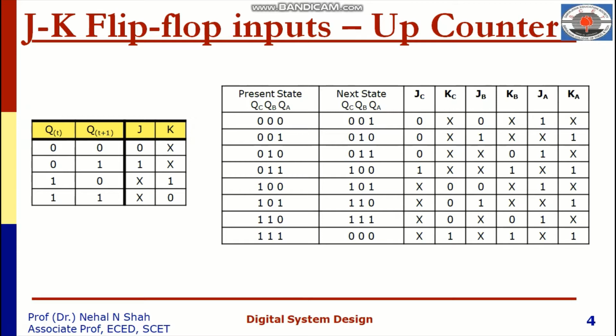From the given present state to reach the desired next state, there should be a specific input combination for J and K. From 0 to 0 transition, JK should be 0 and don't care. Don't care means K could have any value, either 0 or 1. In both cases, the transition will be from 0 to 0. For 0 to 1 transition, it should be 1x. From 1 to 0, it should be x1. And from 1 to 1, it should be x0.